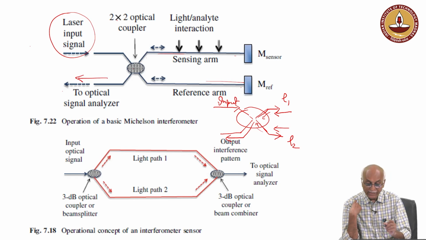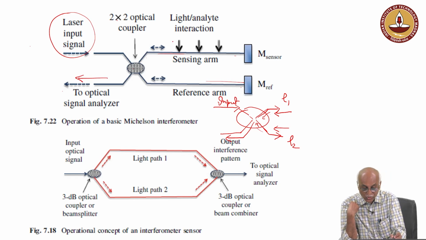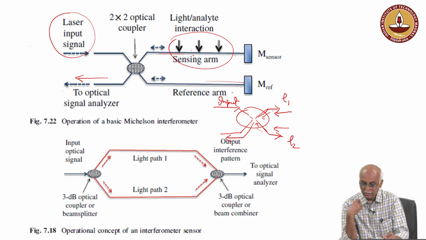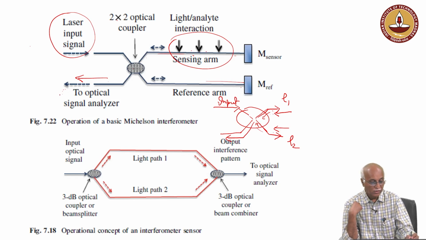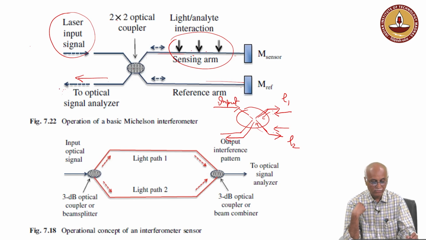Now, as I told you, if there is any change in one of these arms, let us say this is a sensing arm, something changes over here, then the resulting change in the phase due to some physical parameter change is reflected in the phase difference between the two reflected waves from arm L1 and L2, and they are captured using this analyzer, the detector output.